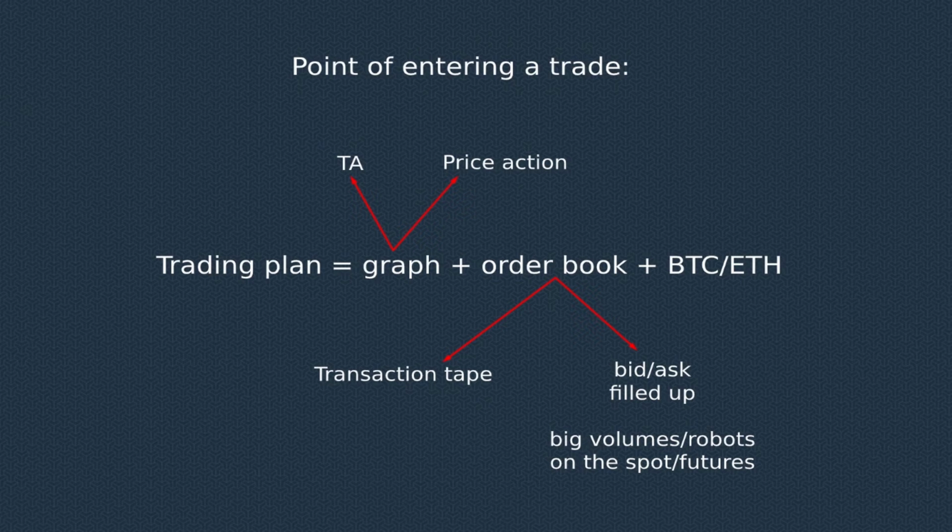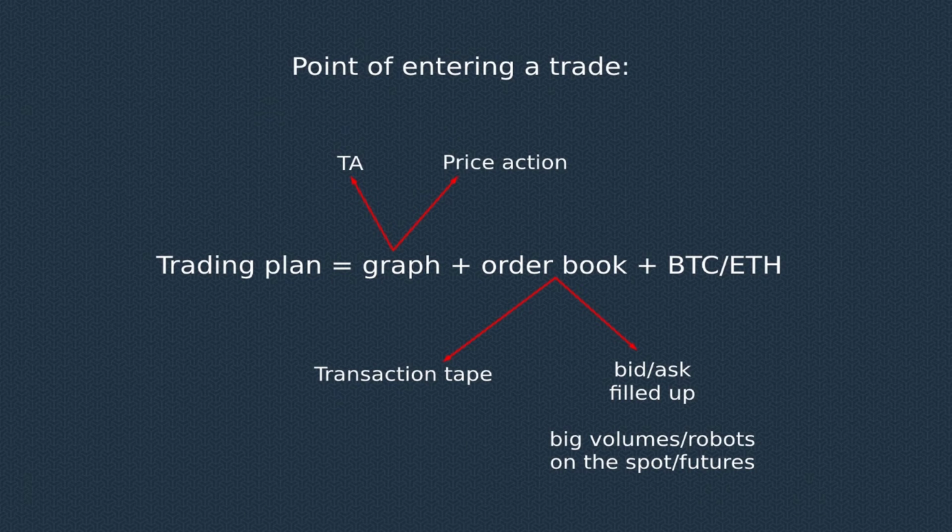So finally, a scalper trader analyzes the market according to the graph, so technical analysis and price action, the order book, the transaction tape, and the limit part or market depth. And finally, the most liquid tokens, so BTC or Ethereum. The composition of these factors is like a puzzle which forms a trade plan.